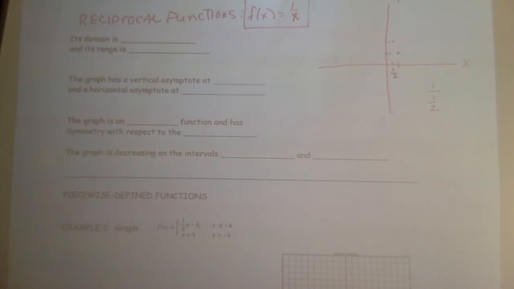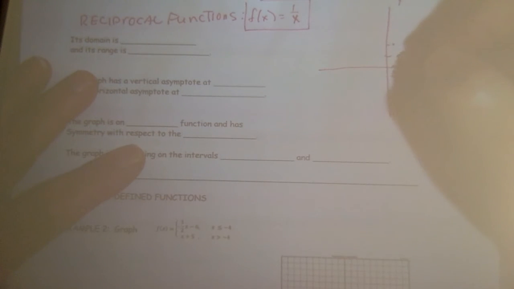And then 1/3 is smaller than 1/2, right? What happens when you plug that in? 3. What happens when I plug in 1 over 100? You get 100, 1 over 1,000. So between 0 and 1, this graph just keeps getting bigger and bigger until it gets so close to 0 we can't tell the difference. Okay?